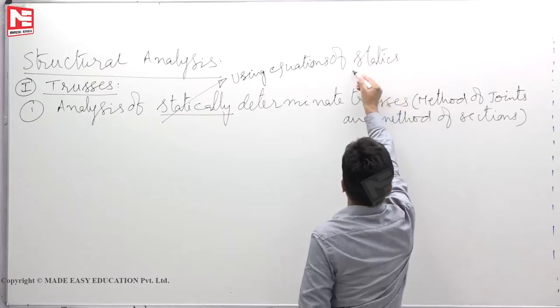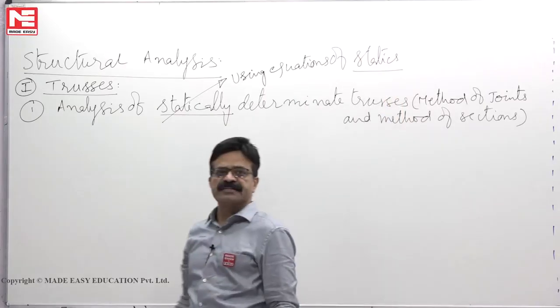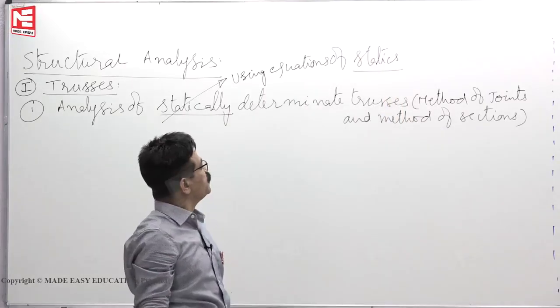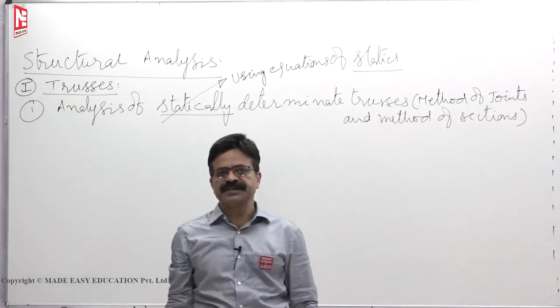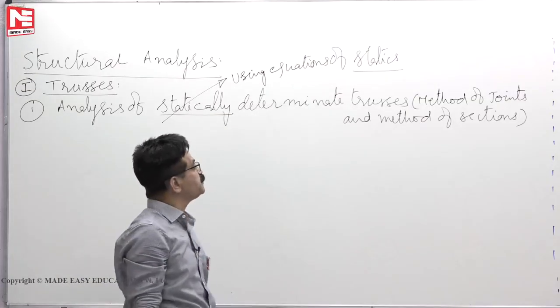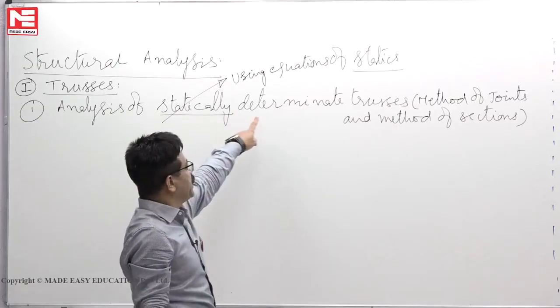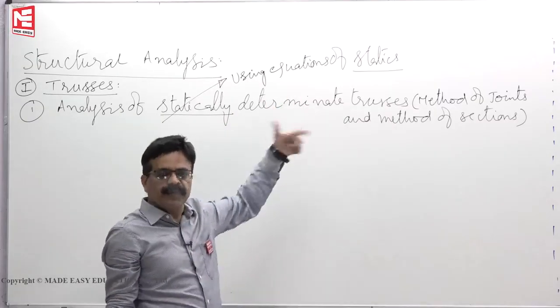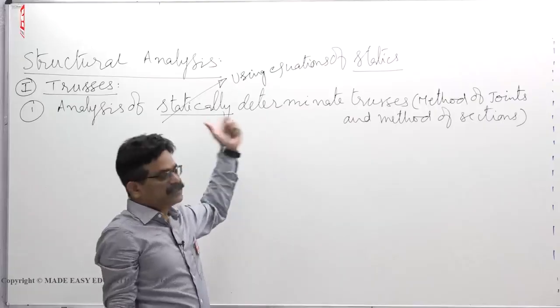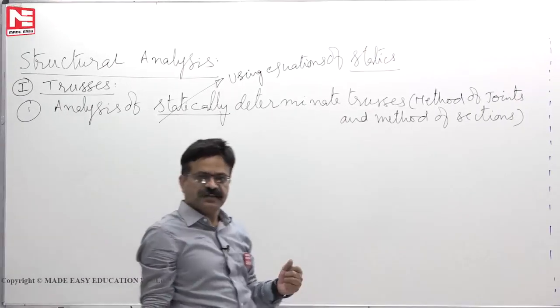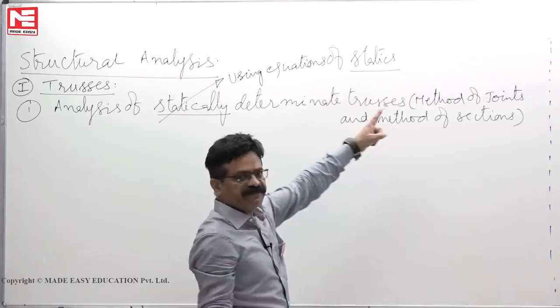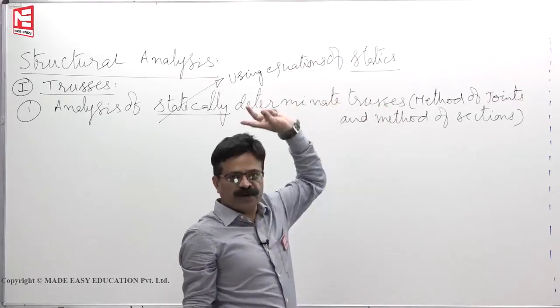Equations of statics, strength of materials, engineering mechanics sirs might have told you. Equations of statics means sigma x = 0, sigma y = 0 and sigma m = 0. So using equations of statics, you can determine the support reactions and the member forces in the trusses, everything we can find using equations of statics alone.